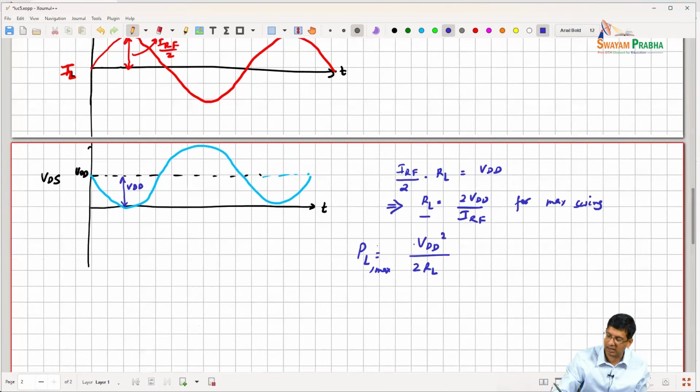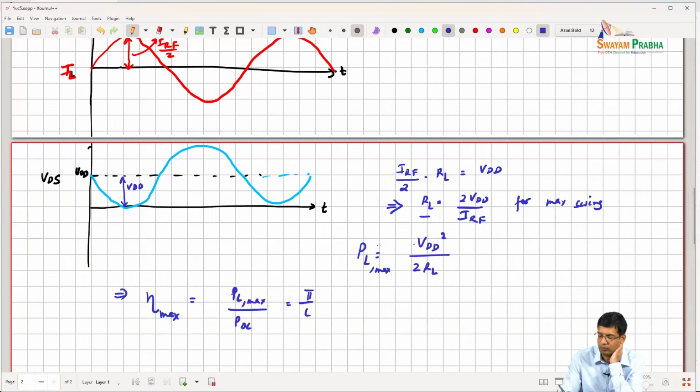And what I can show is that my efficiency at the maximum point, or the maximum efficiency, is going to be PL max divided by PDC, and that is going to be equal to pi over 4, or approximately 78% efficiency.